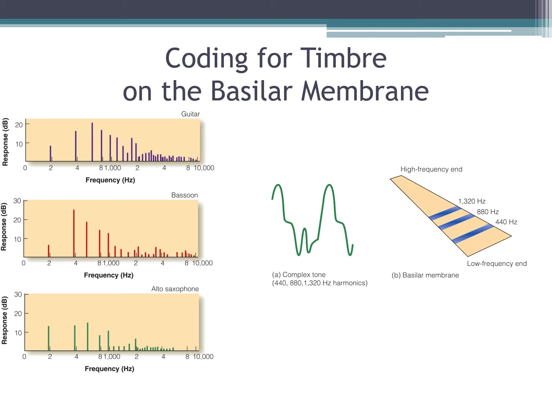Well, what's happening on the basilar membrane, right? And so I've put in a different picture here that doesn't completely connect with those pictures, but notice at the basilar membrane, at 440 hertz, there's going to be this peak, this wave, this peak at 880 hertz and at 1320 hertz.